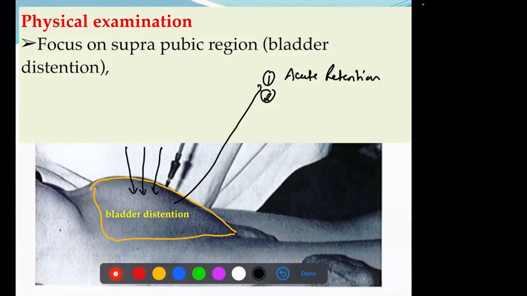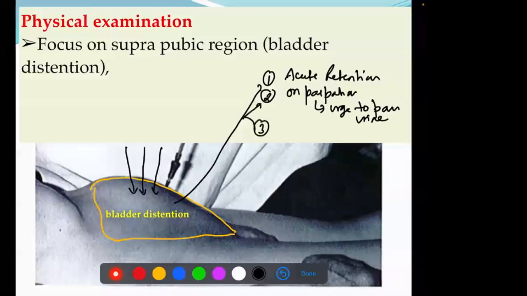On palpation, the patient will have an urge to pass urine, because once you compress the bladder, the patient will have an urge to pass urine. The third one is if you percuss, it will be dull. Dull means just like percussing your forehead. So once you find all these criteria, this is a distended bladder.